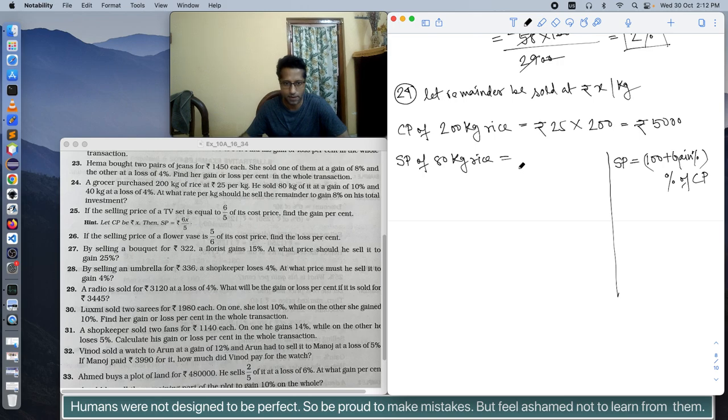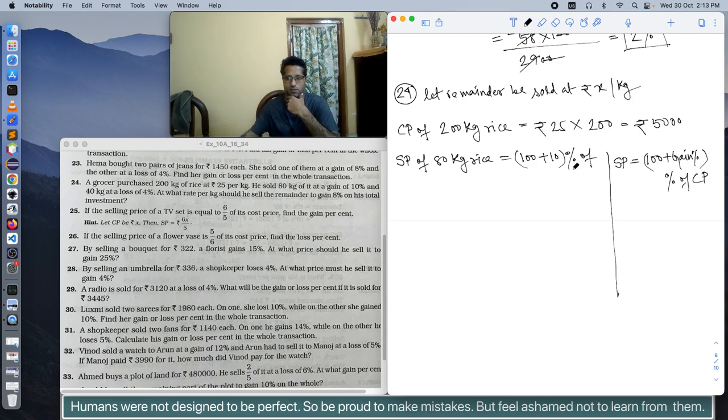So we can say that since the 80 kg of rice was sold at a gain of 10%, the selling price of 80 kg rice will be equal to 100 plus 10% of the cost price. So what will be the cost price of 80 kg?